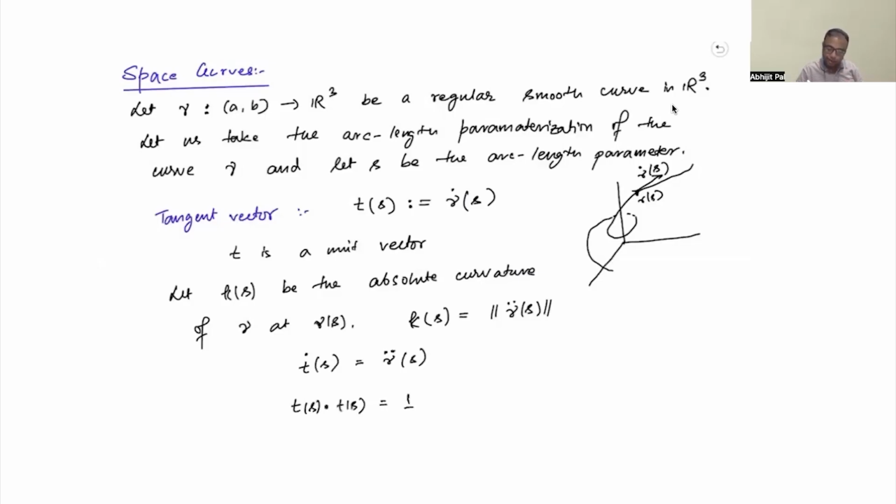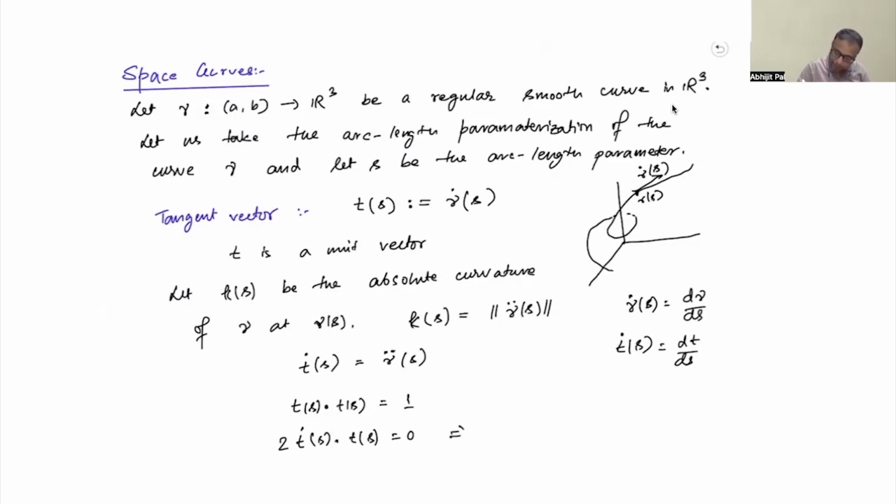Now if I take the derivative, twice of this will be equal to 0. Note that gamma dot s is nothing but d gamma ds, and T dot s is dT ds.